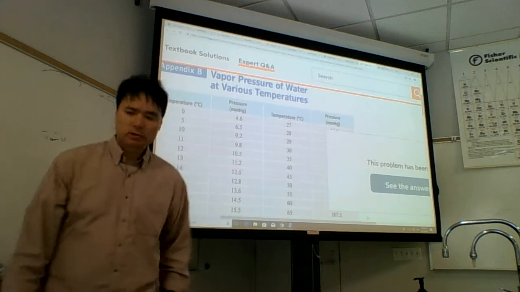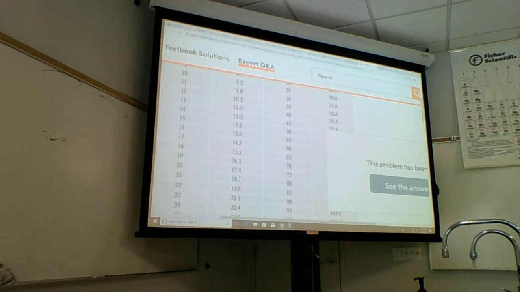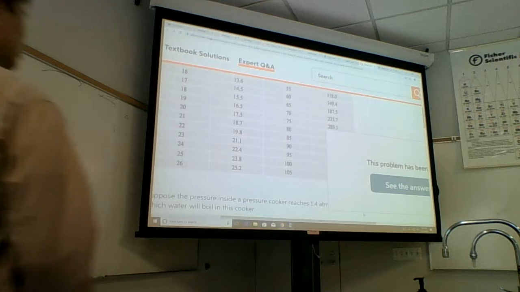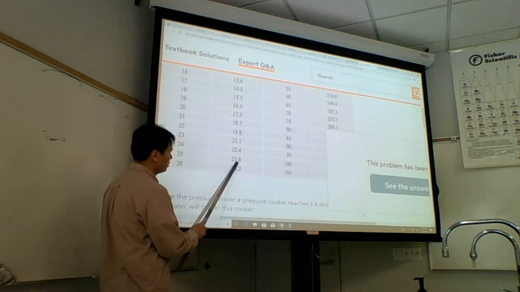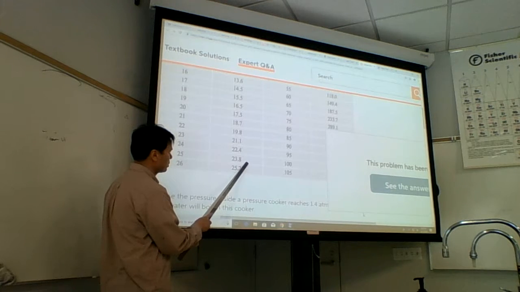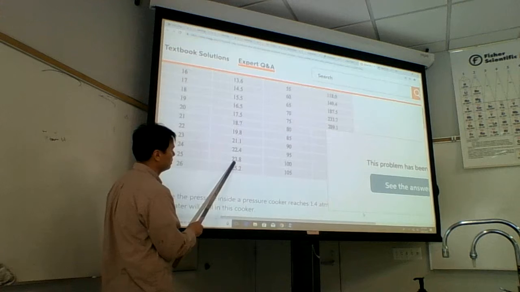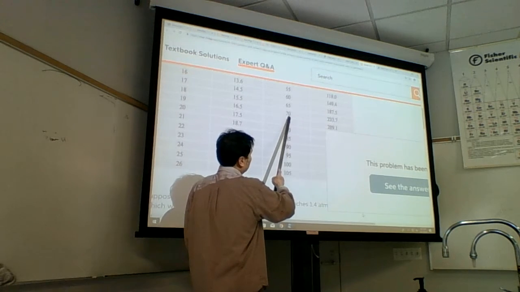And so at room temperature, which is 25 degrees C, 100% relative humidity corresponds to having enough water in the gaseous state to generate 23.8 millimeters of mercury pressure. So this is the vapor pressure when it's saturated. As the temperature goes up, the humidity can go up.